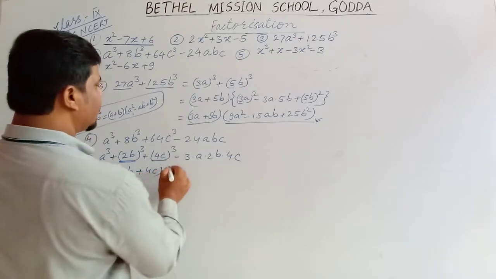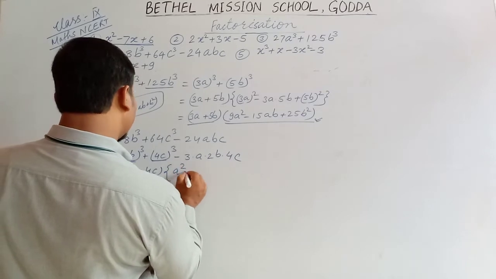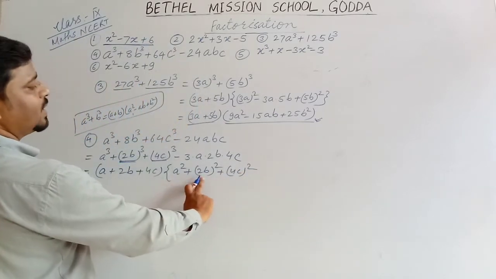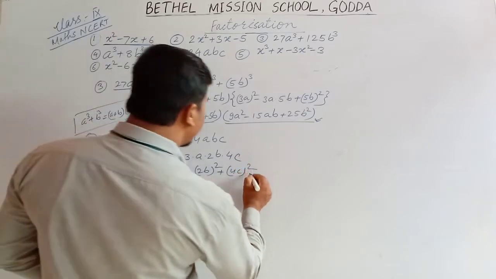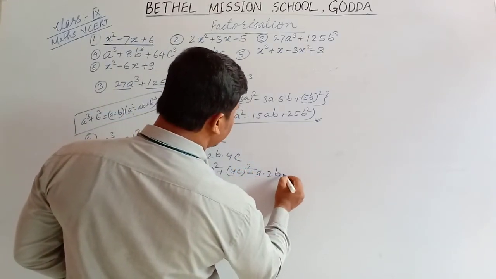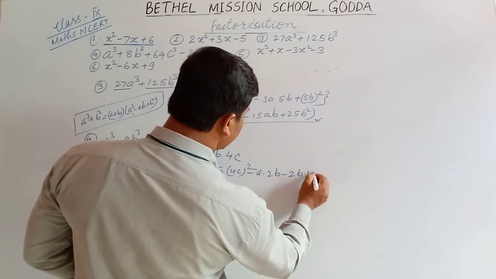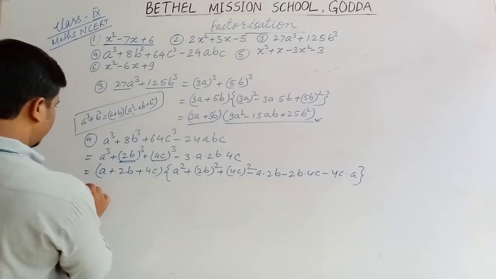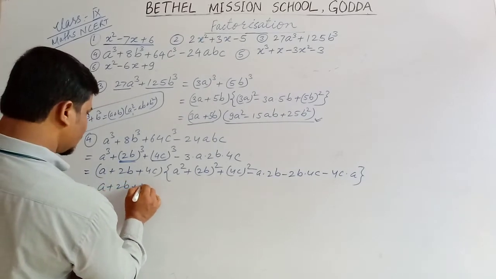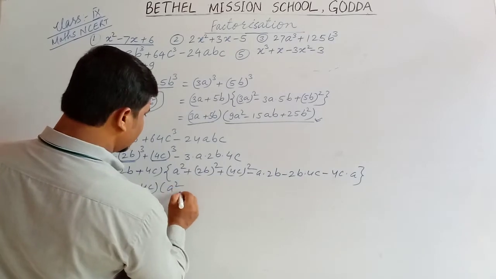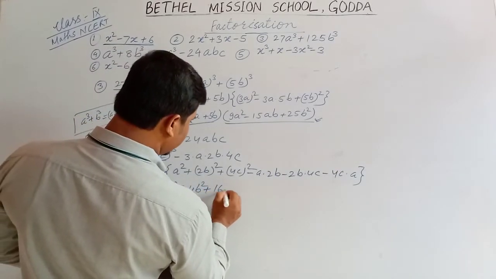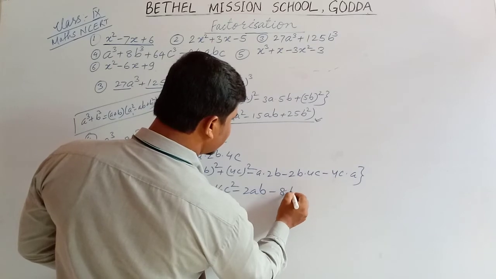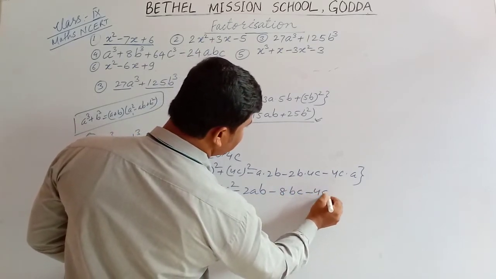So a plus 2b plus 4c, and a square plus 4b square plus 16c square, minus 2ab minus 8bc minus 4ca.